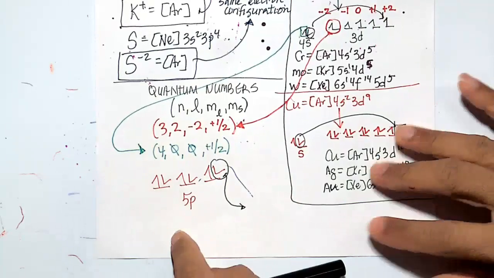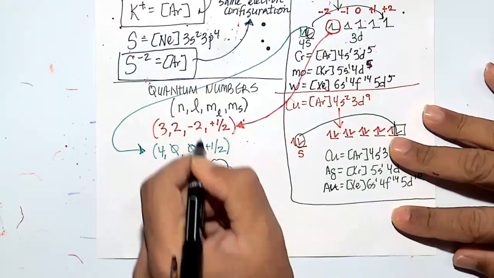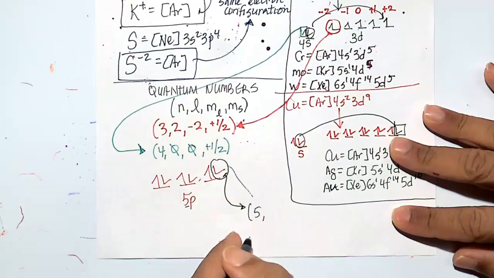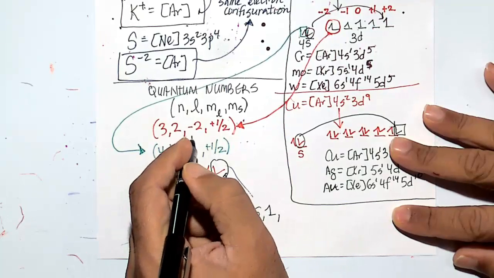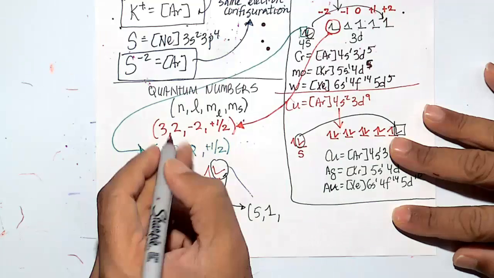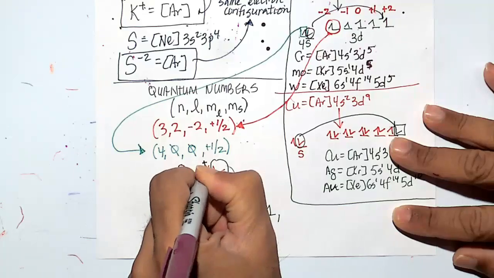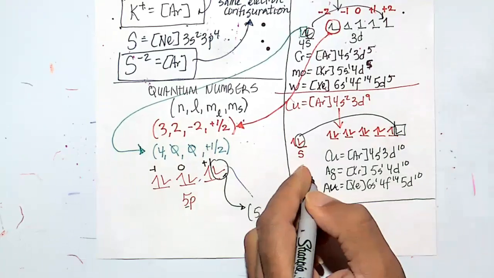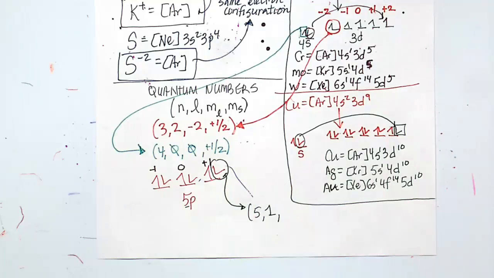What is n? 5. What is l for a p orbital? 1. This is how you do the m of l. The center always gets 0, and then you go +1, -1, and you just go in order.